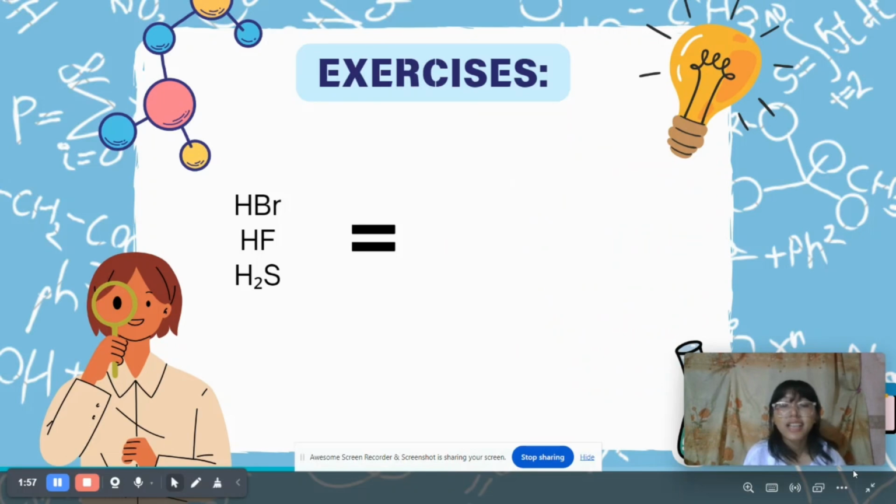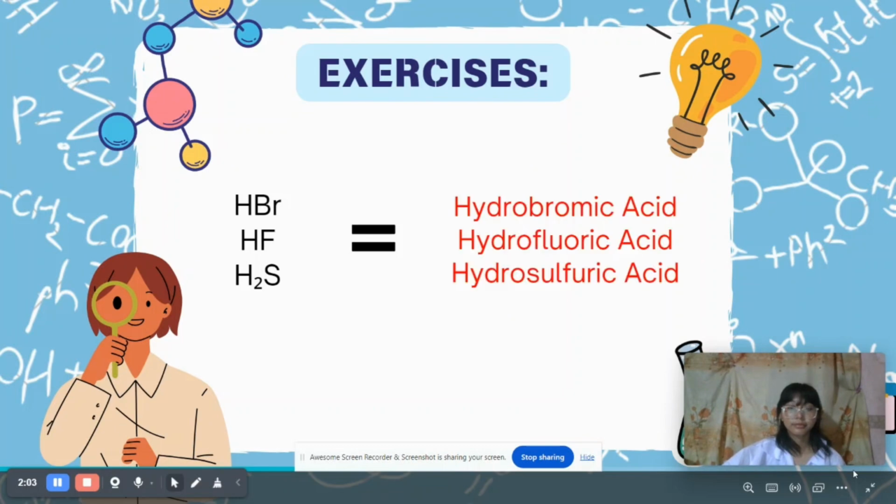These are the exercises that you can answer, but you need to pause me. These are the answers to the exercises: hydrobromic acid, hydrofluoric acid, hydrosulfuric acid. So now let's move on.